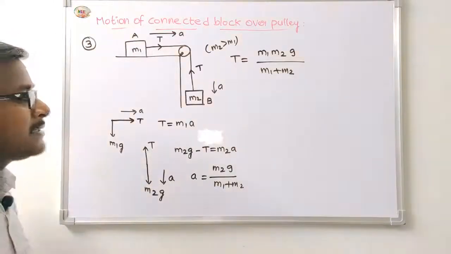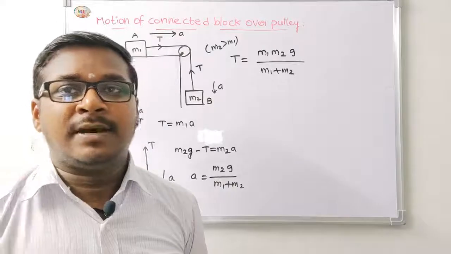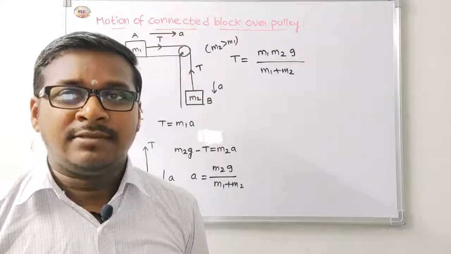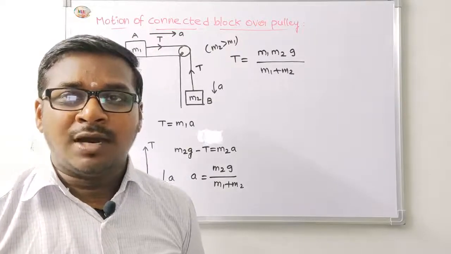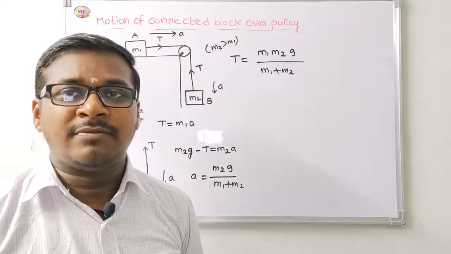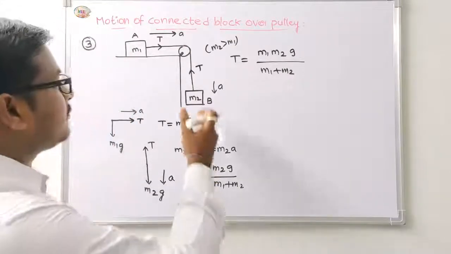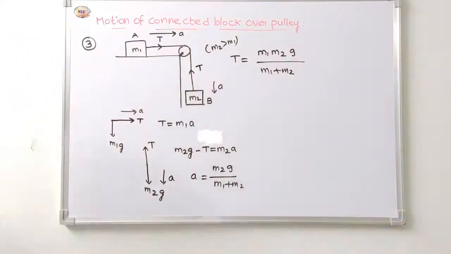So two blocks of masses m1 and m2 are passing over a pulley, connected by a string. The pulley and string are massless. There is no friction between pulley and string. Then the tensional force is the same, T and T. This is the third condition.